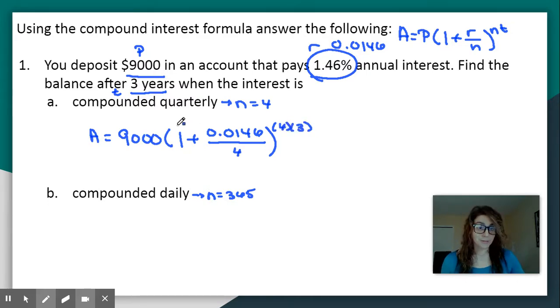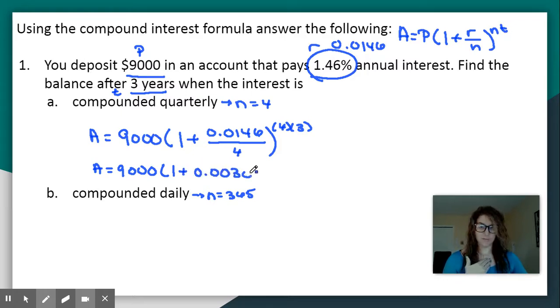And you're going to put this in your calculator. What I suggest you do, again, it's clearly all up to you, I tend to figure out the inside first and then just make it smaller from there. So what I would first do, put in my calculator 0.0146 divided by 4. When you do that, you're going to get 0.0036. 4 times 3 is easy, that's 12.